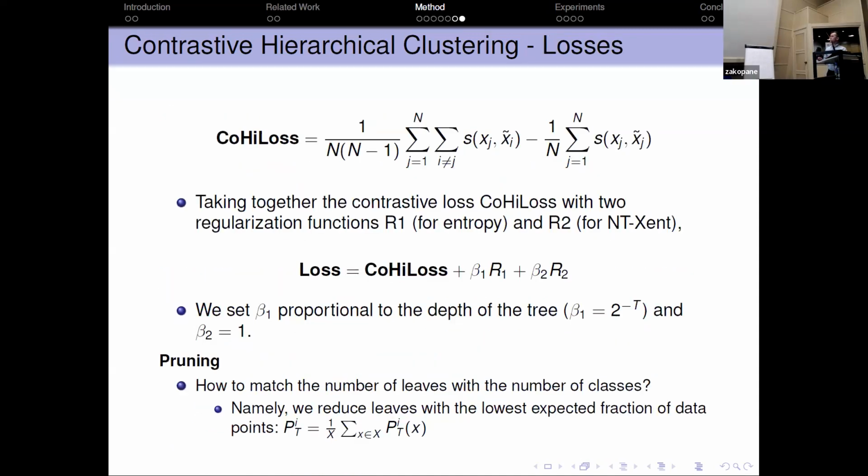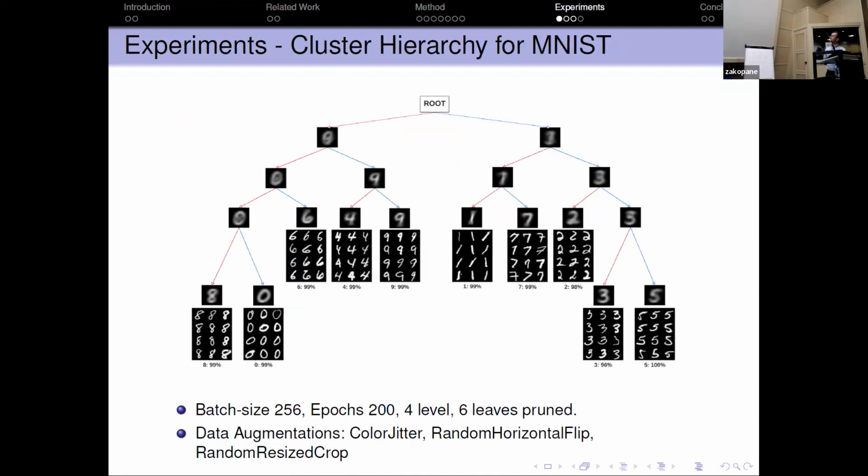But it is important to note that in hierarchical clustering, what is very important is actually the hierarchy we get. And what we observe is that the hierarchy in our clustering is very intuitive.